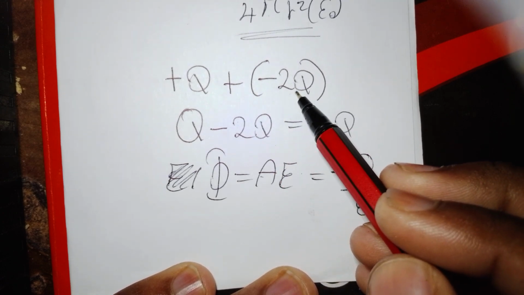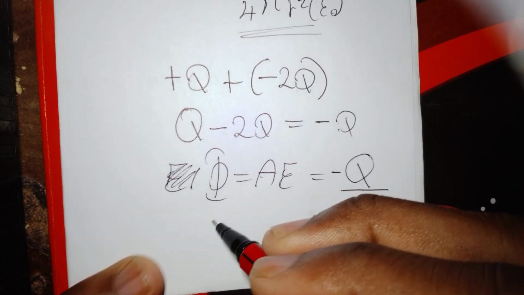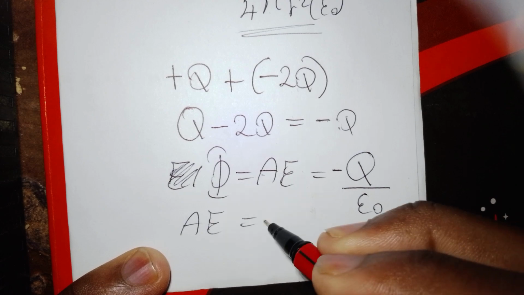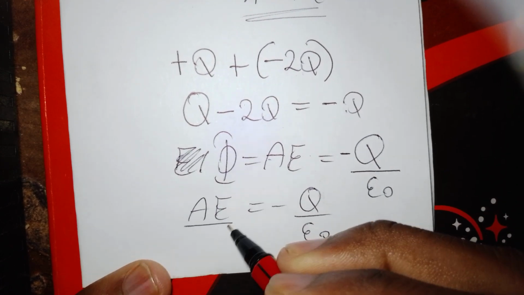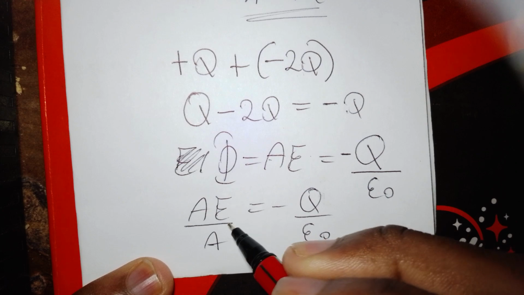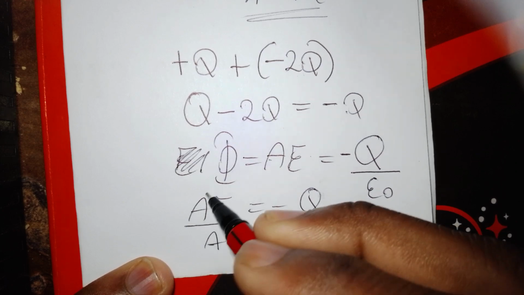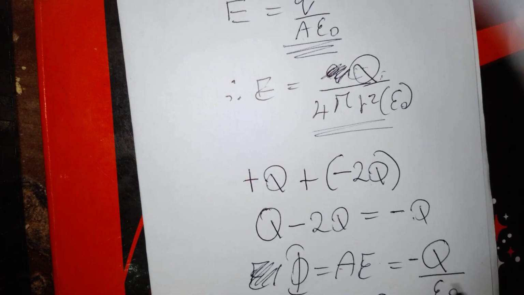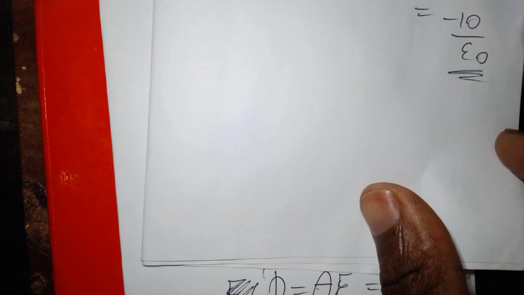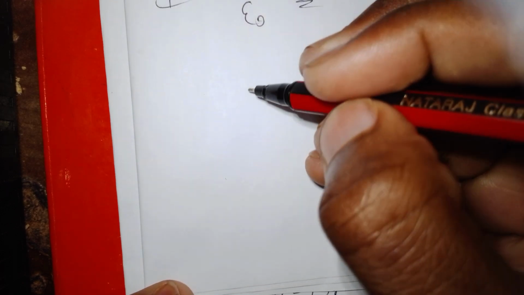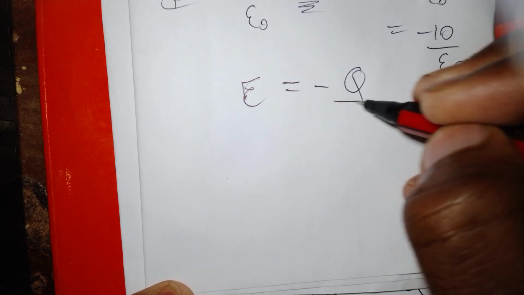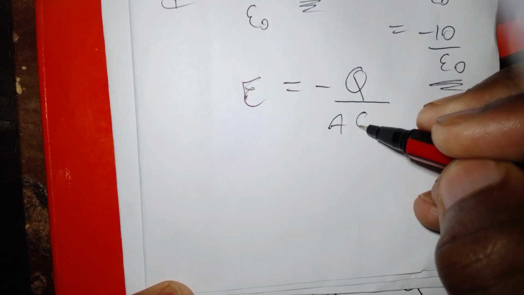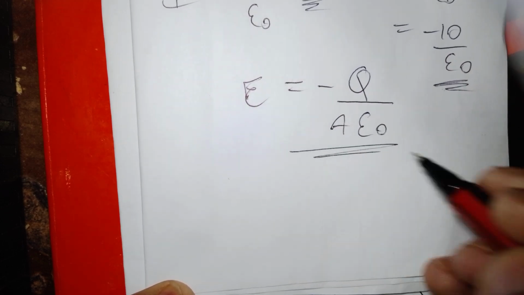So you're going to say negative q over epsilon naught, then you divide by A on both sides. We do that, and we'll have E equals negative q divided by A epsilon naught. You have your answer.